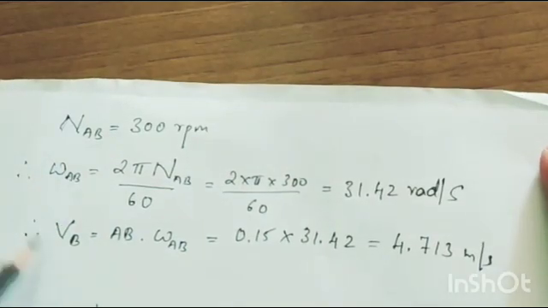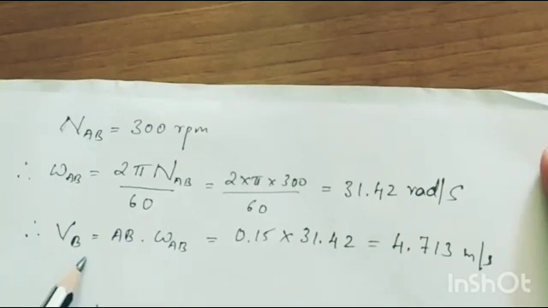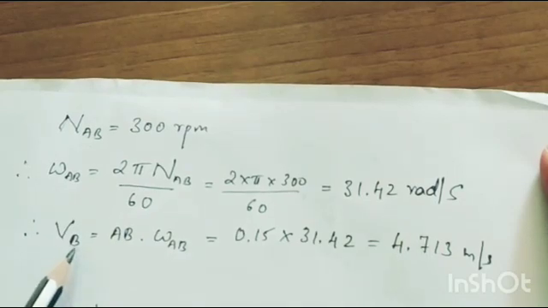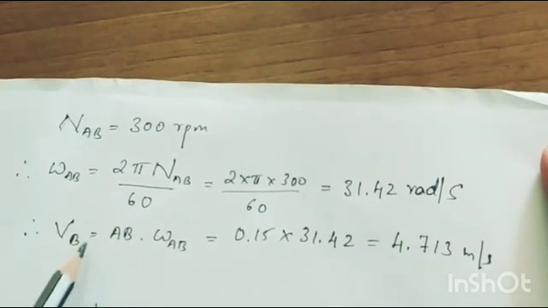Now we have to find the absolute velocity, or the linear velocity, of crank AB. We denote it by VB given A. Since the point A is fixed, we can ignore that and simply write VB. This has already been explained in the previous classes.